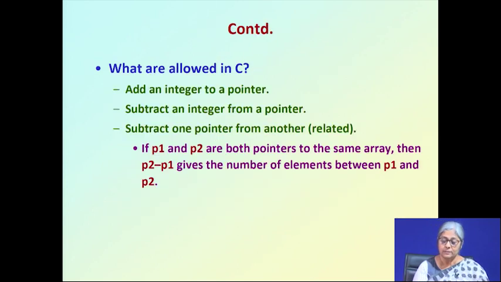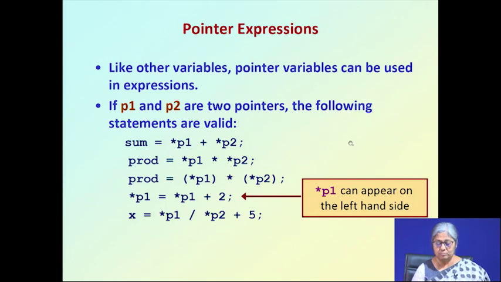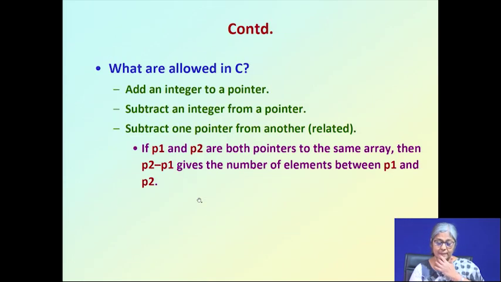Now, add an integer to a pointer, subtract an integer from a pointer, subtract one pointer from another. Here we can use subtraction, and addition also. Only subtraction is allowed for subtracting one pointer from another.